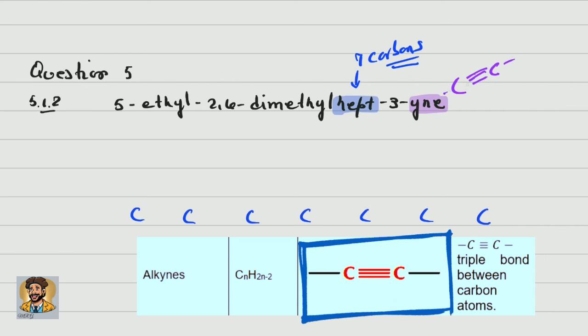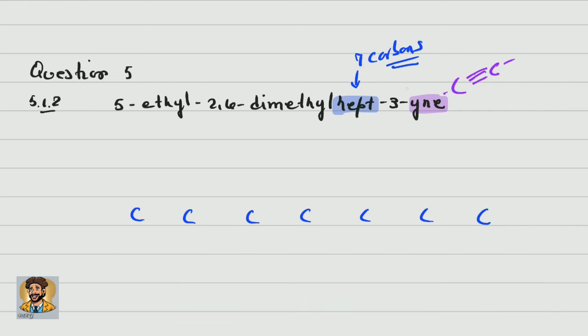That one you must also know, and that triple bond is in carbon number 3, in the third carbon. So starting from left we have 1, 2, 3. I'm going to erase those numbers, they mustn't be there, and there is the triple bond. That is the second step here. Then I'm going to combine all the carbons, but already the functional group is there.